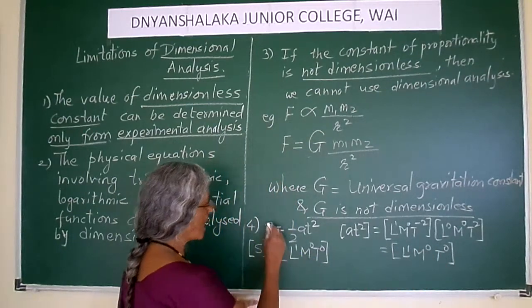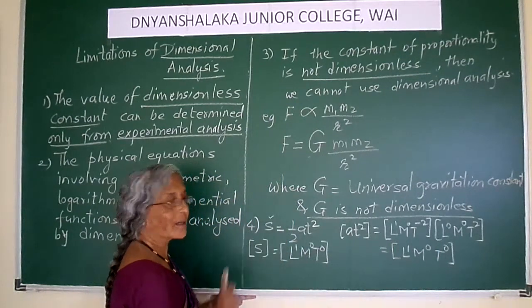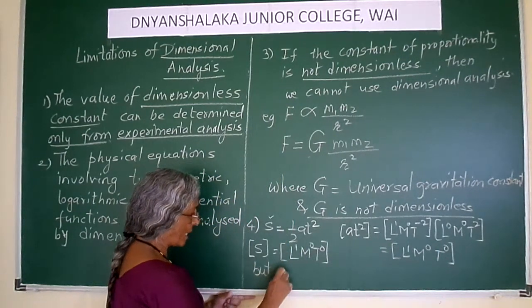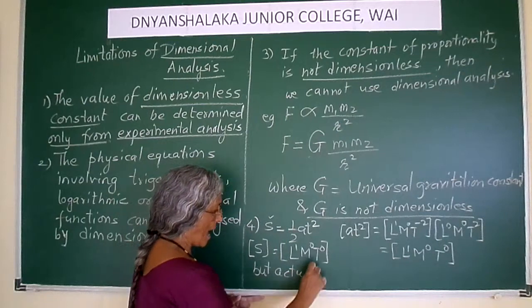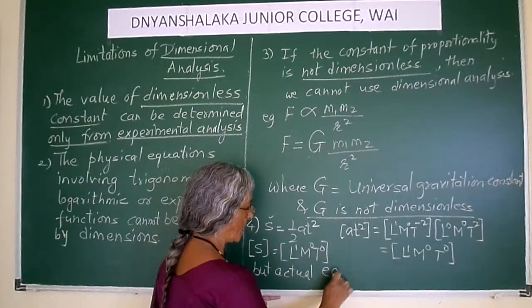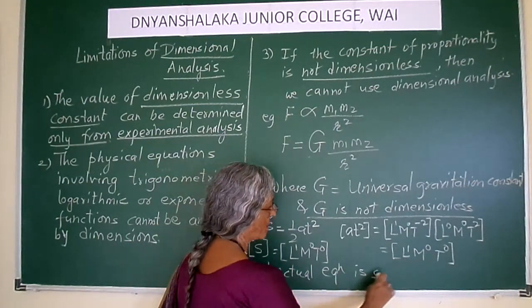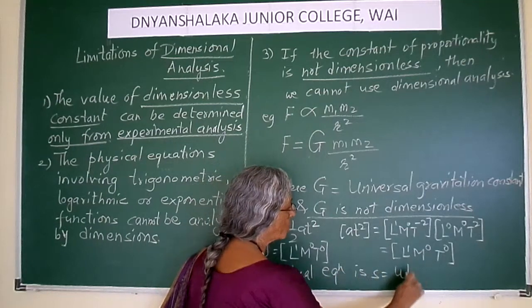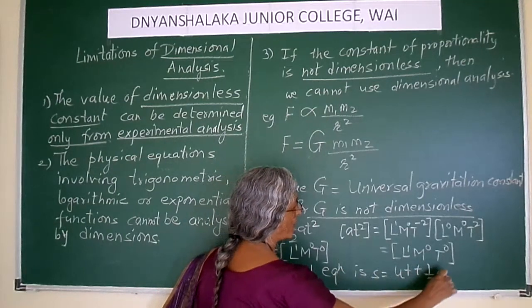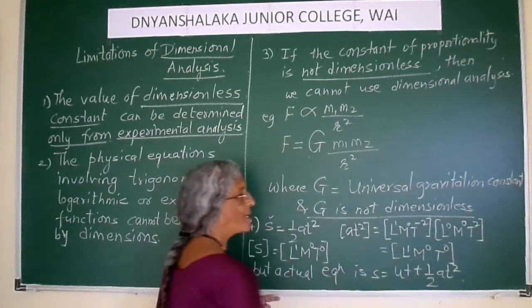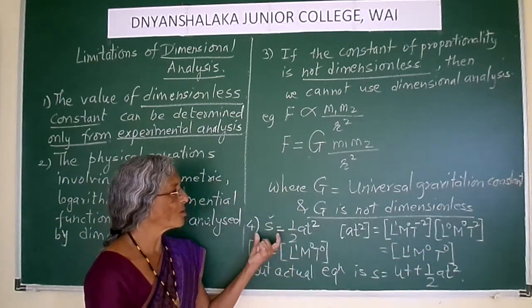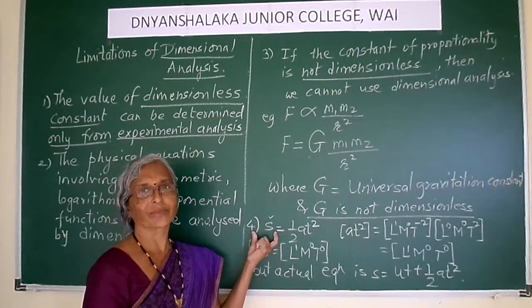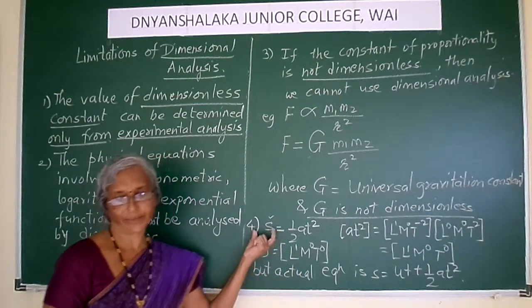So what I will say, this equation is correct. But what is the actual equation? Actual equation is S is equal to ut plus half AT square, right? So we cannot use dimensional analysis over here. Getting it?